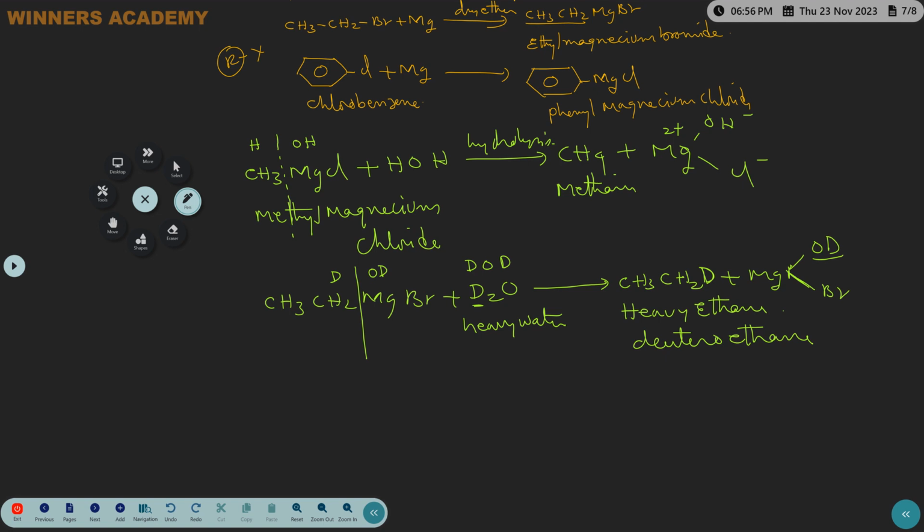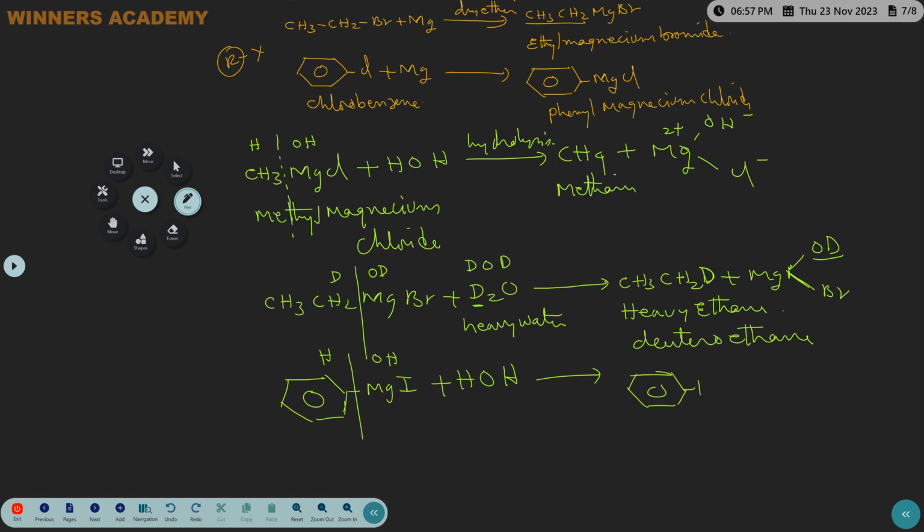Okay. Now suppose compound is like this. Grignard reagent, phenyl magnesium iodide or MgX, treated with water, HOH, hydrolysis. As a result, bond breaks down here, H and OH added at magnesium. As a result, which is formed?